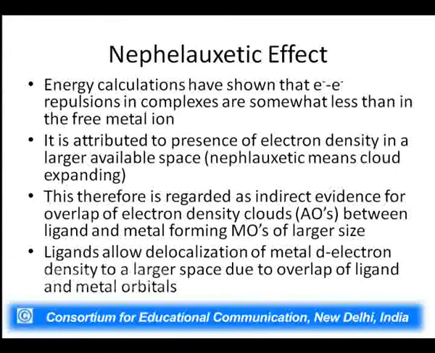For this, it is attributed to the electron density somehow getting a larger space. That means the electron density, which was confined to a smaller volume of the pure metal atomic orbitals, now has a chance to occupy a larger volume, and therefore the electron repulsions must have reduced.